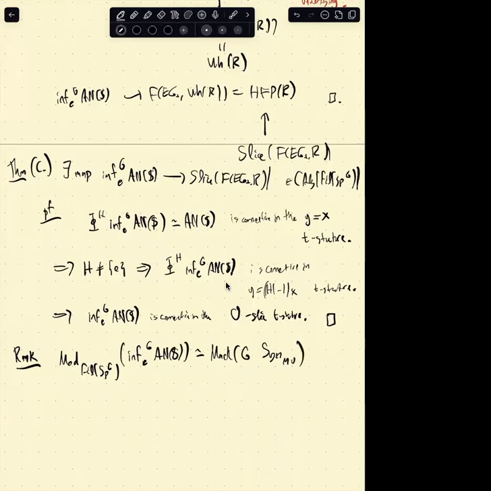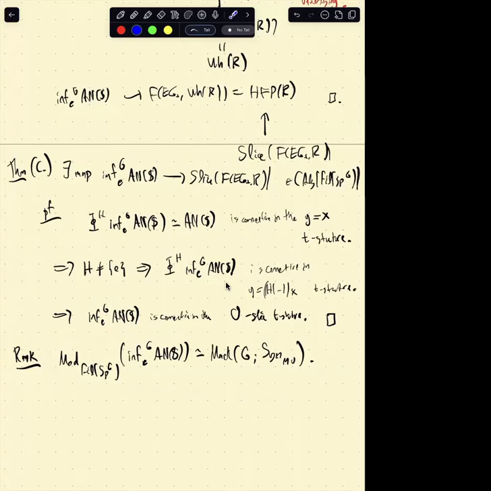So I mentioned this category at the beginning, and now I'm tying that back in. If you're not familiar with this inflation functor, you can more or less take this as the reason why this appeared. This is a non-equivariant object, and inflation puts it in as something with a trivial action.